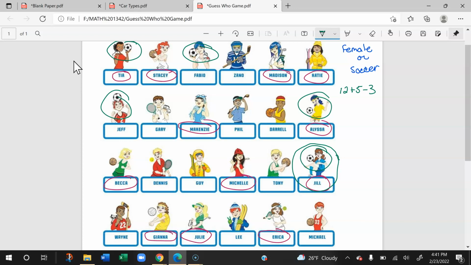Let's see here. Out of 30. So I'd end up with 14 out of 30. And so 14 out of 30 would simplify into 7 out of 15. So I hope that makes a little bit more sense, that some things are not mutually exclusive, like being female or playing soccer.